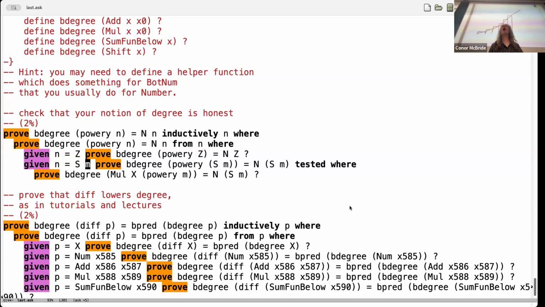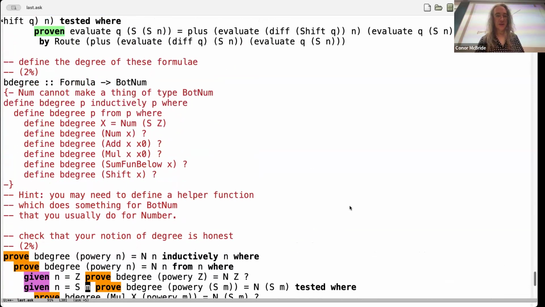The degree of x times 1 has to be successor of 0. So that's telling us that the degree of x had better be, yes, that's me being a klutz.